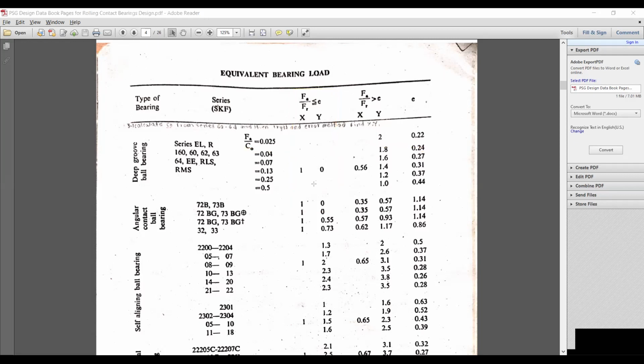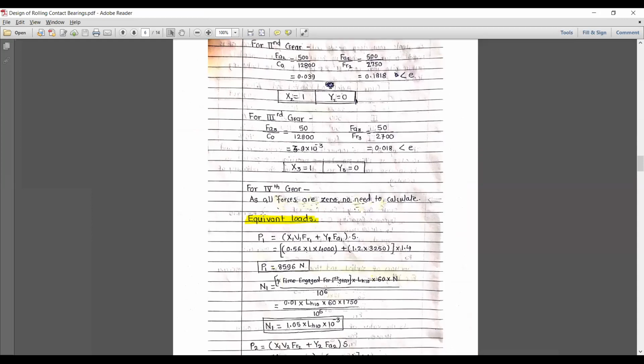For the third gear, FA upon CO is nearly 3.9 into 10 raised to minus 3, and the FA upon FR ratio is 0.018. Similarly, the value of E is greater than that of FA upon FR ratio.